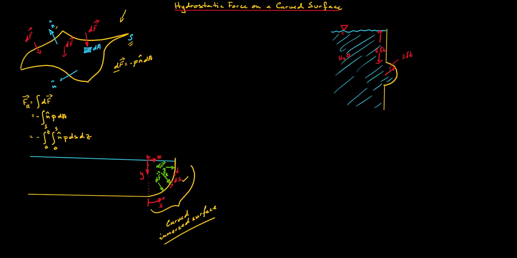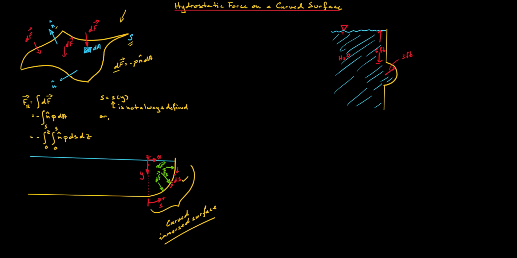We would try to find some sort of functional definition for that curve that defines the curved surface, perhaps trying to parameterize it as a function of y, let's say. However, we could say that this is not always defined.